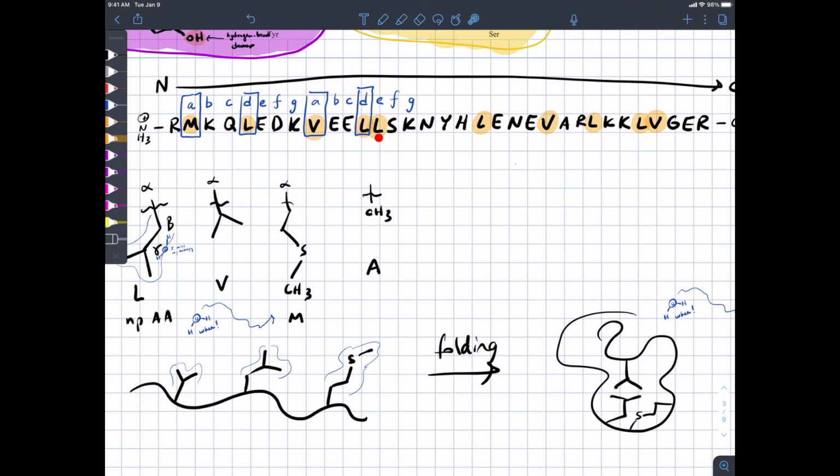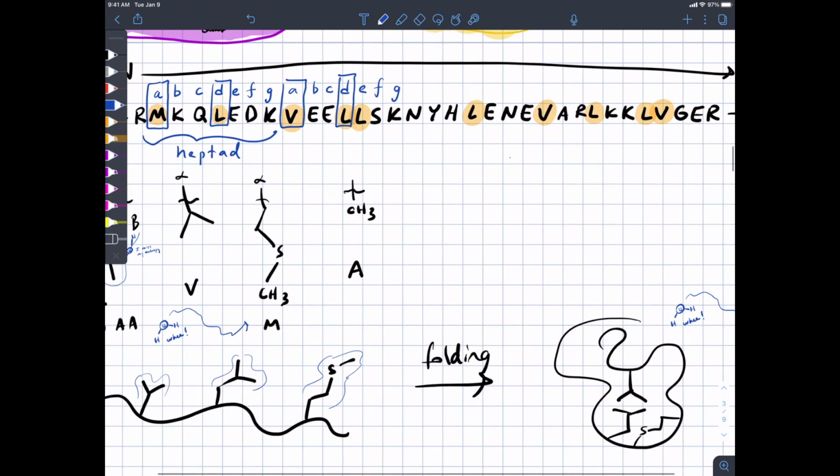Now there is one here at E, but the overall pattern is A and D are nonpolar. You see that? It's like every 3 amino acids and then every 4 after that, you've got a nonpolar side chain. So we're going to call this repeating sequence a heptad because there are 7 of them.